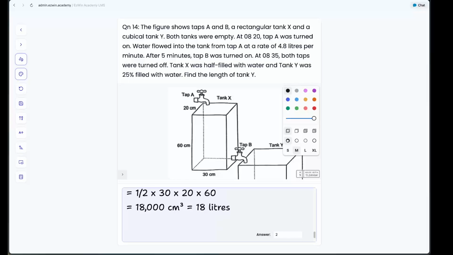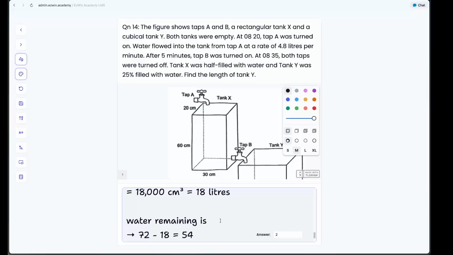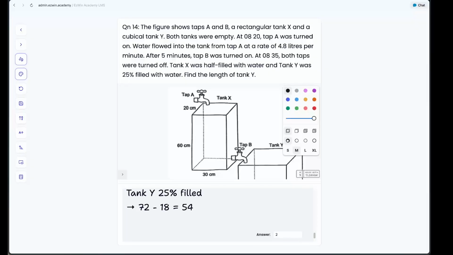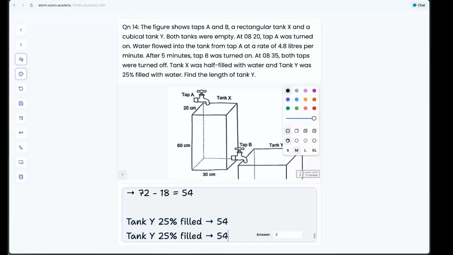Then the water remaining is 72 minus 18, which is 54, which is also tank Y 25% filled. So if tank Y 25% filled is 54, then tank Y 100% filled will be 54 times 4, which gives us 216 liters.